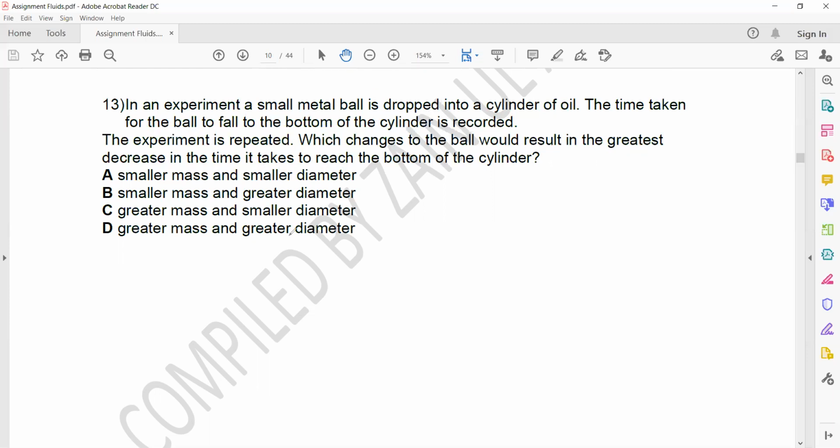So basically, if we increase the downward force on the ball, we want to decrease the time. We want it to take a short time to come down. So if we want to reduce the time, we want to increase the speed of this ball.